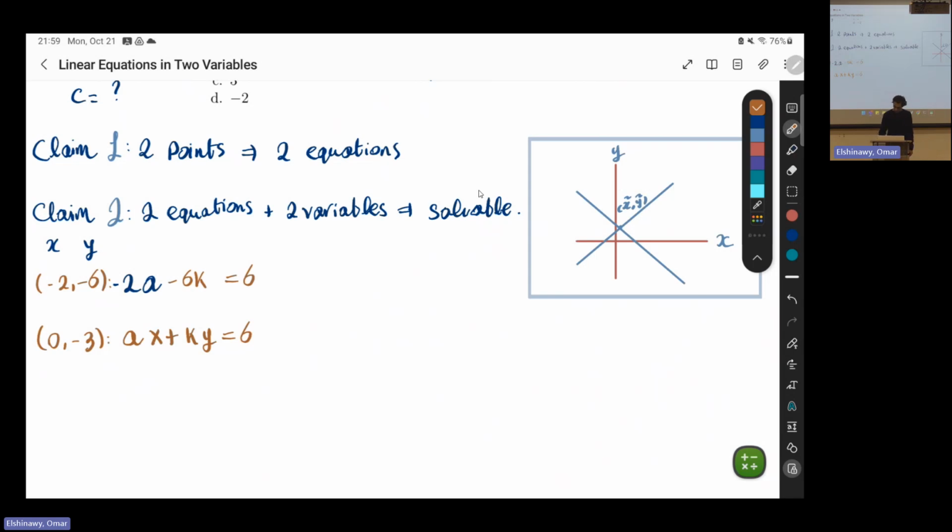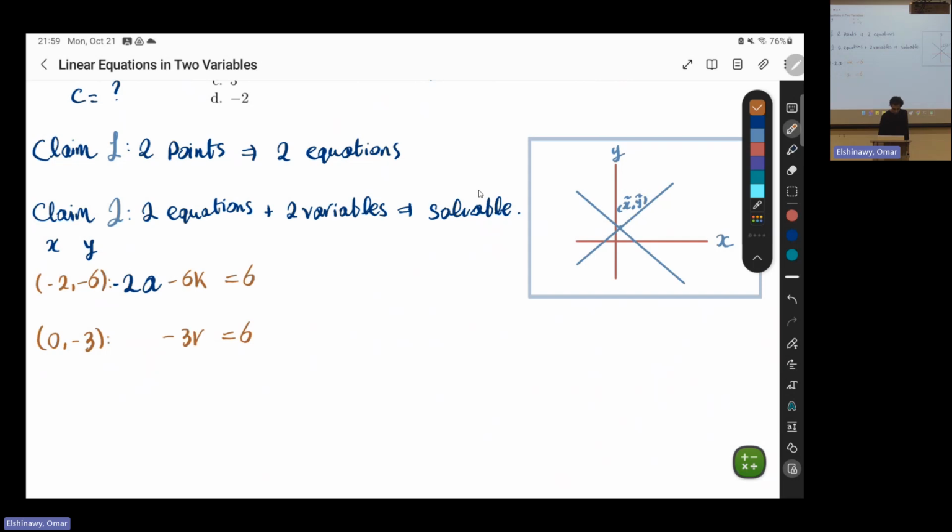The second equation tells us that a times 0, this is x, and -3, which is y, times k, is equal to 6 as well. a times 0 is 0.